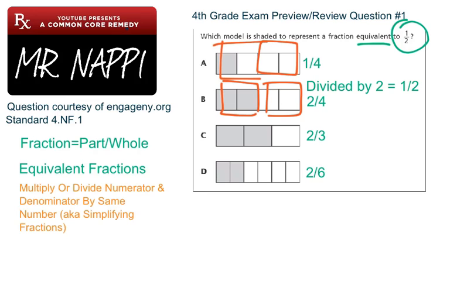Now, C gets eliminated almost right away because being there are thirds, you can't have 1/2 of 3. And then looking at D, in order to have 1/2 on D, you would need to have these broken up like so into 2 different sections, and there are only 2 sections full. So your correct answer is B for this problem.